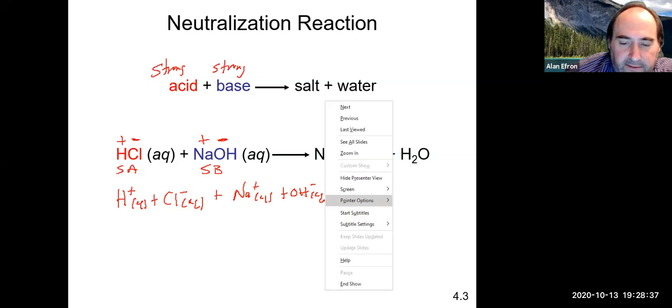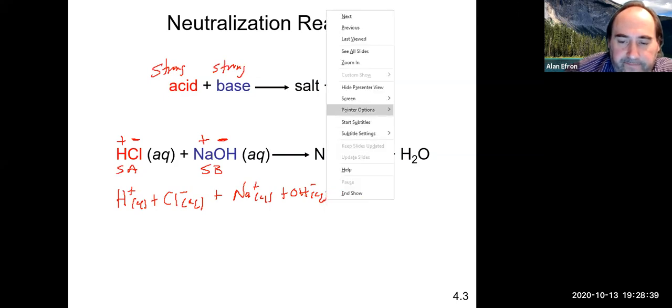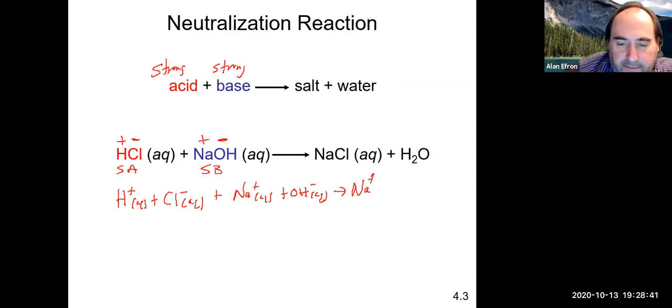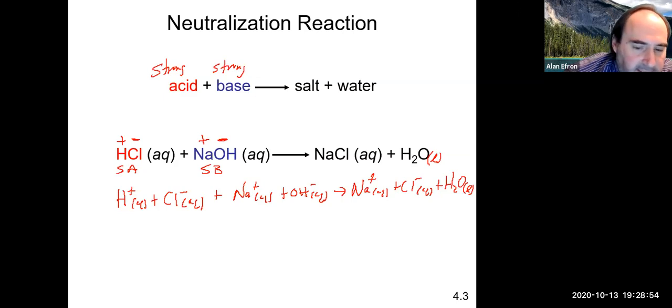Na plus and Cl minus. Now, water here is a pure liquid. It will stay together. So we do not break apart the water here as it's a liquid. And this would be our total ionic equation. What we have is essentially a double displacement reaction.